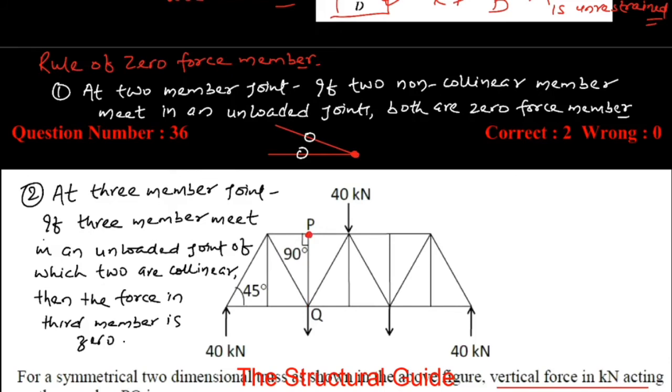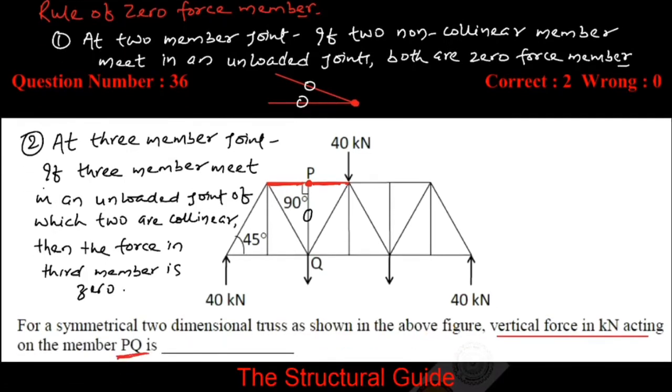You can see at joint P, here 3 members are meeting, in which two members are collinear. So this member and this member are collinear, so the force in the third member will be 0. So the answer for this question is 0.